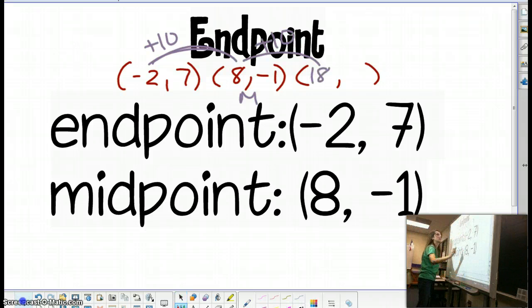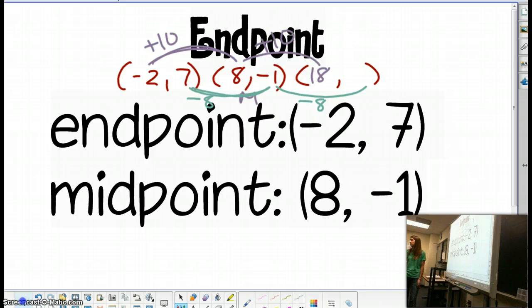Now we do our y's. Negative 1 minus 7. Negative 8. To get from 7 to negative 1, you're going backwards 8. So then I want to go backwards 8 again. We always leave the same amount. Negative 1 minus 8. Negative 9. So the answer was 18 comma negative 9.